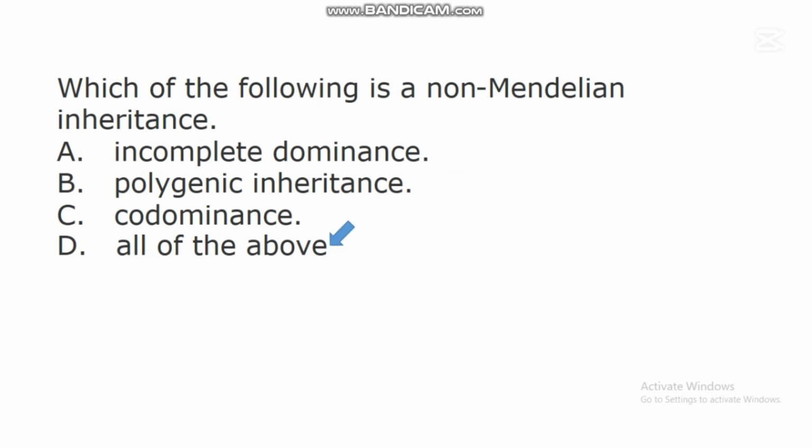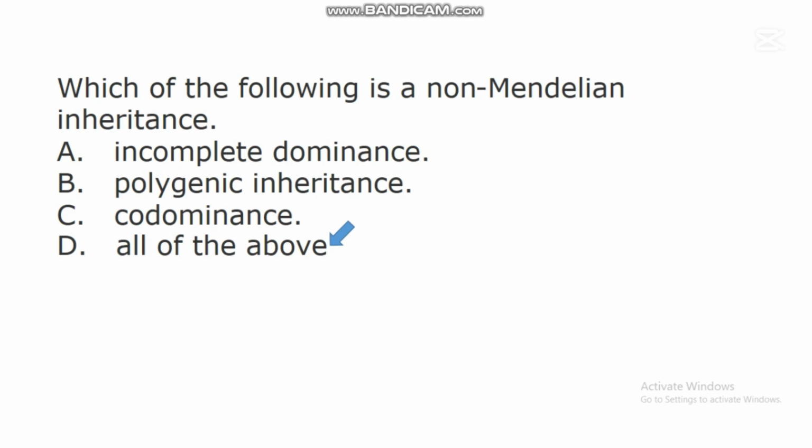There are different inheritance patterns that do not follow Mendel's laws of inheritance, because Gregor Mendel made it clear that a pair of genes controls a character. So there are some inheritance patterns that violate Mendel's principles of inheritance.